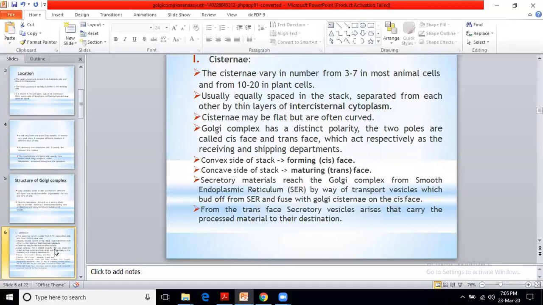So there are two phases of Golgi. One phase is known as cis phase and another phase is known as trans phase. The convex side of this stack forms the cis phase, and the concave side of the stack forms the trans phase.